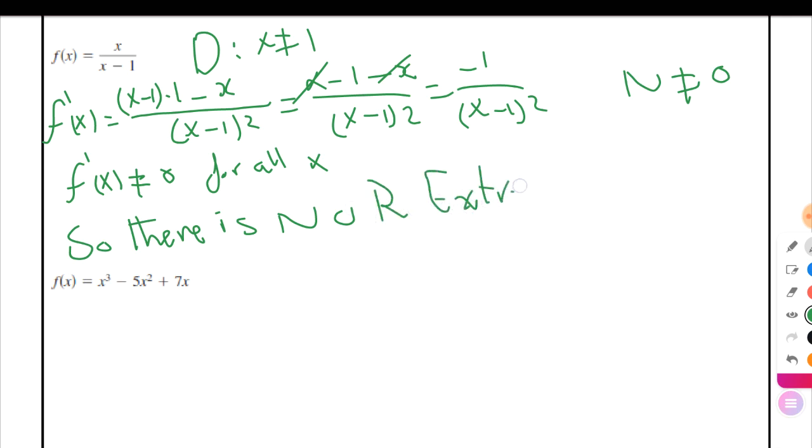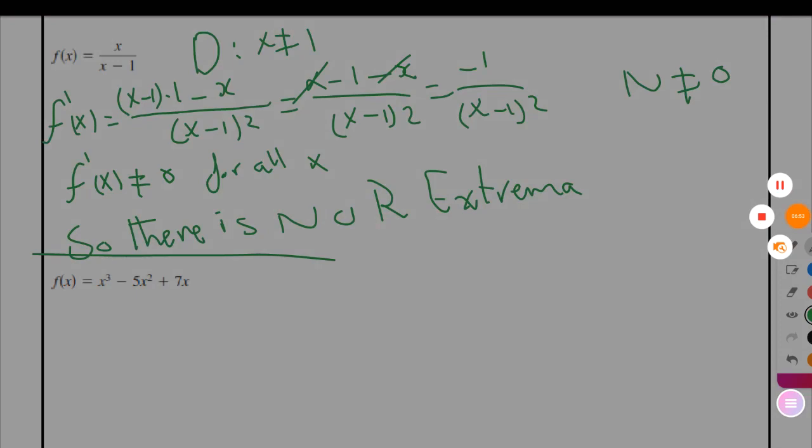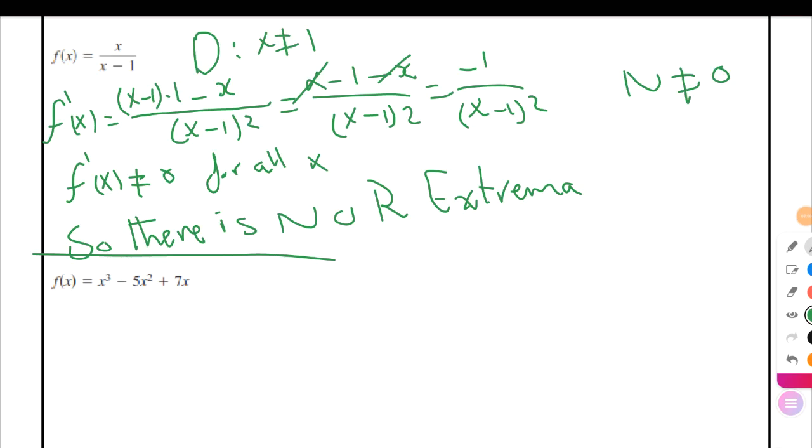We find relative extrema using the second derivative test by substituting the values of x at which the first derivative equals 0 into the second derivative. But I don't have any, so I don't have extrema. I think you understand. We don't have relative extrema on this domain.